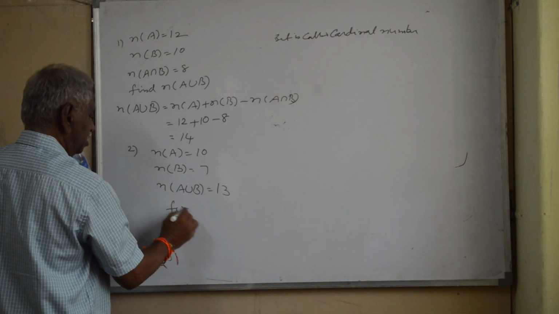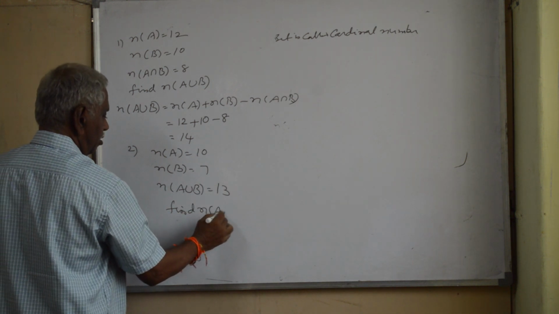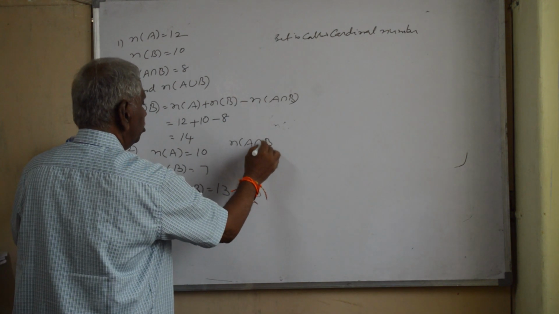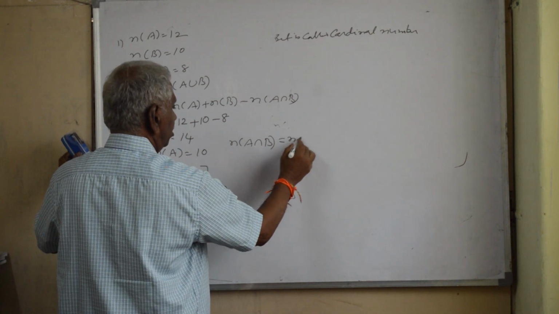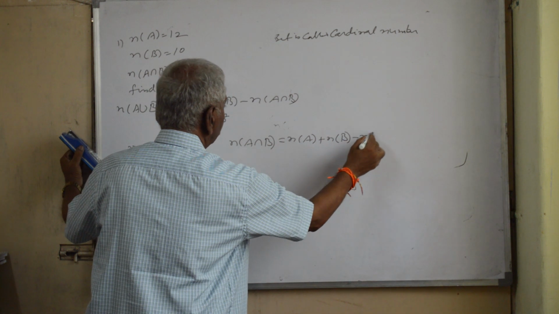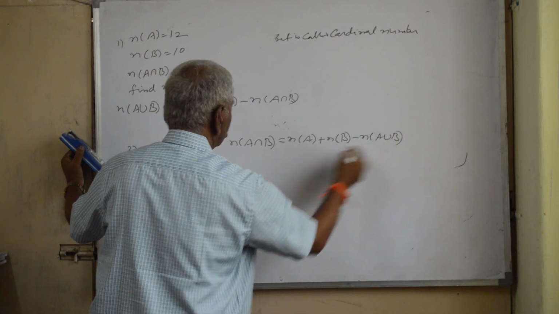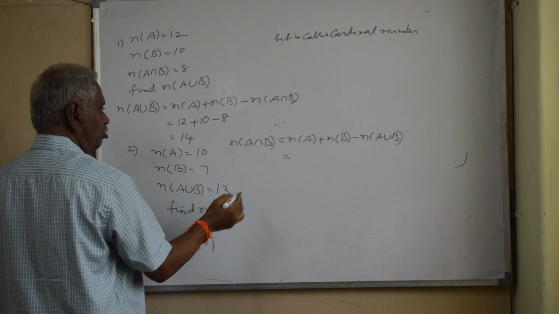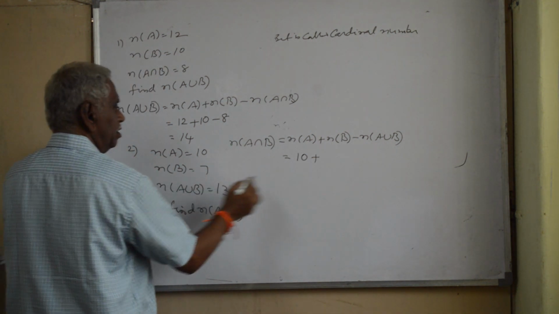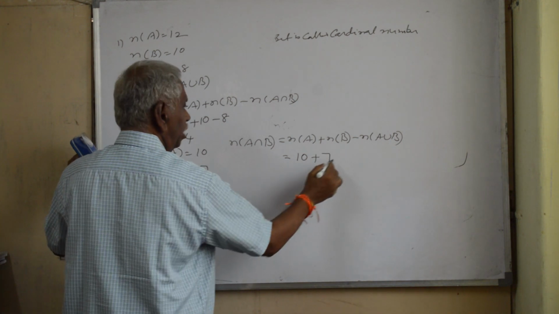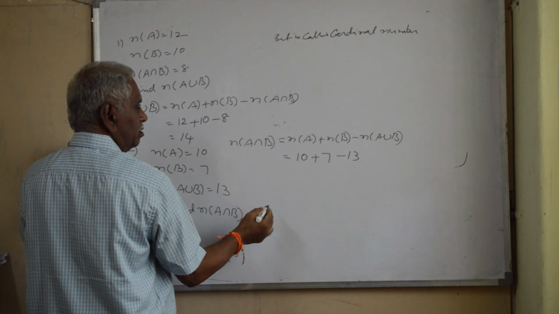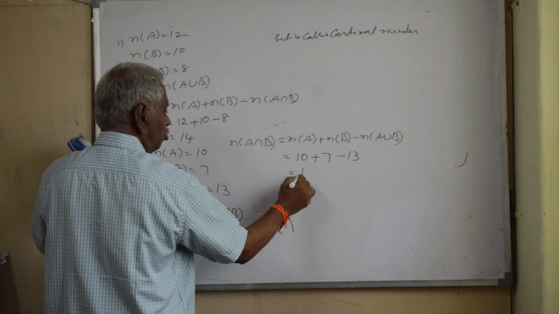Find n of A intersection B. So we can use the formula n of A intersection B is equal to n of A plus n of B minus n of A union B. Now n of A is 10, n of B is 7, n of A union B is 13. So we can say 10 plus 7, 17, minus 13 is equal to 4.